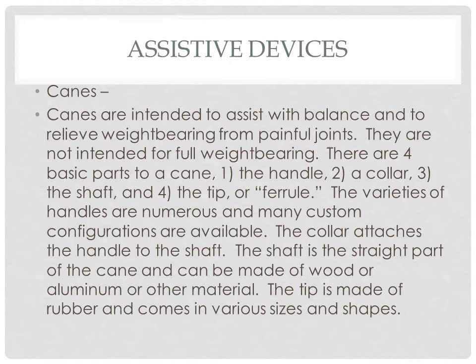Then there's the shaft of the cane, the straight part of the cane, and the shaft is generally made of either wood or aluminum or other strong or lightweight material. The tip is also known as the ferrule, and the tip is generally made of rubber and comes in various sizes and shapes.